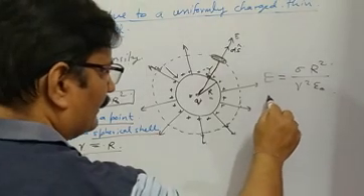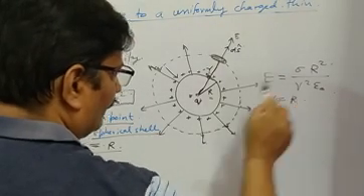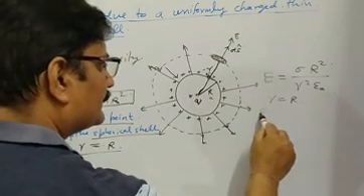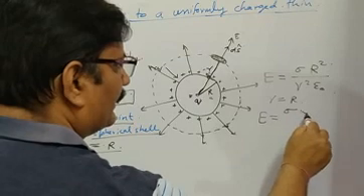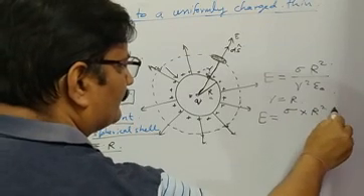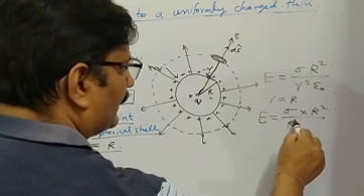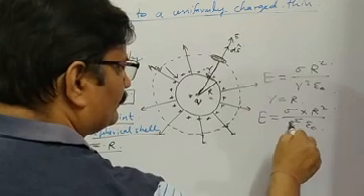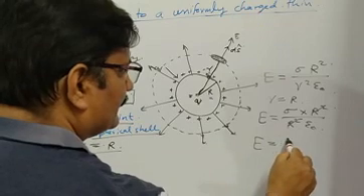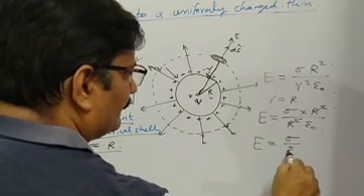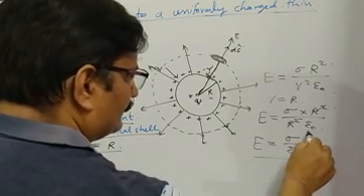Now small r is equal to capital R. What it means? Electric field on the surface of the spherical shell is sigma into capital R square divided by capital R square into epsilon naught. So these two cancel out. So electric field on the surface of the spherical shell is sigma divided by epsilon naught.